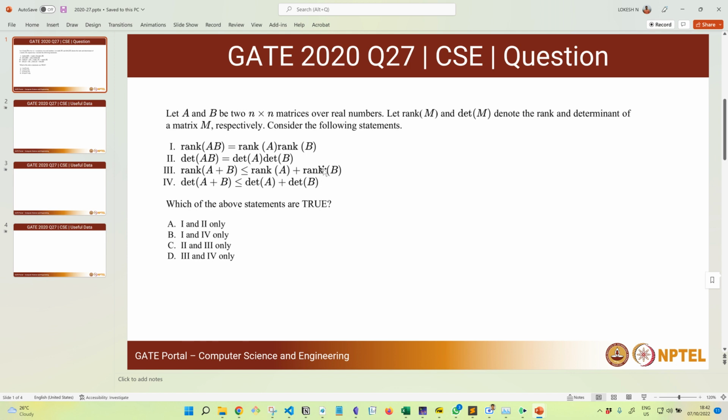Can you answer which of these statements are correct? Okay, so is the first statement correct? Is rank of AB equals rank of A into rank of B?